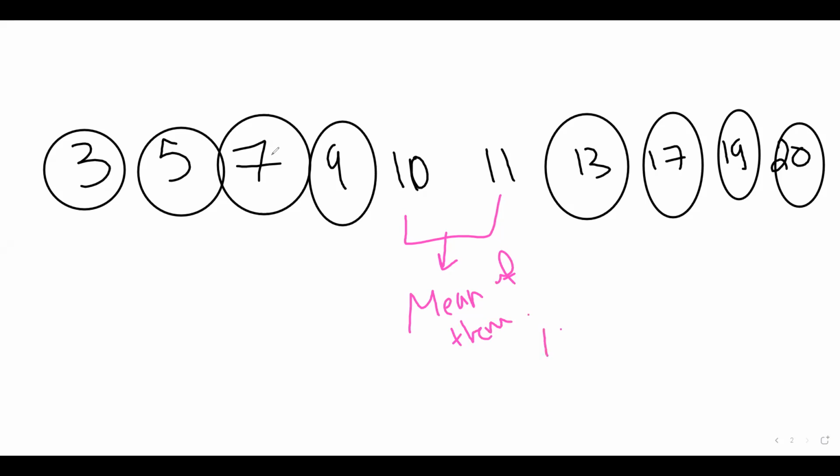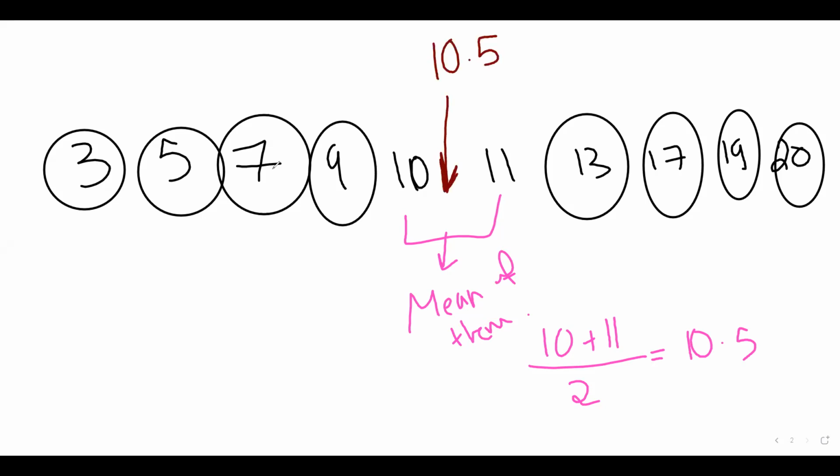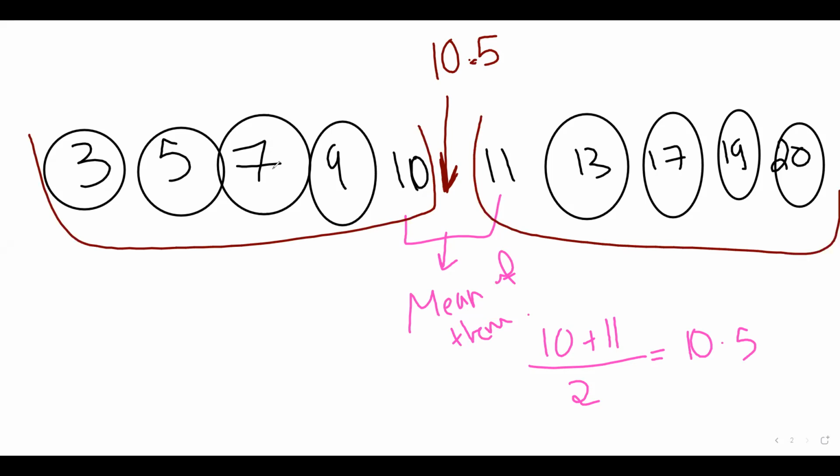Add the numbers over how many numbers we have. 2 in total. So the answer will be 10.5. That means there's a number here, 10.5, that cuts the data into halves. Before 10.5, we have 5 numbers, and after 10.5, we have 5 numbers.